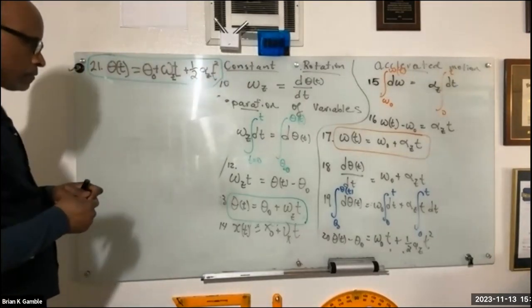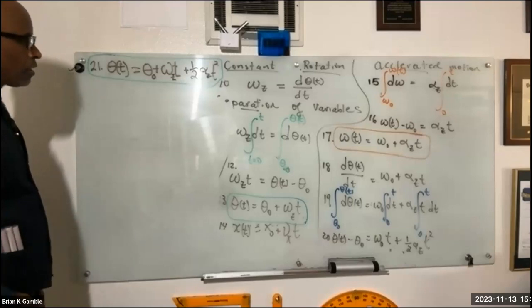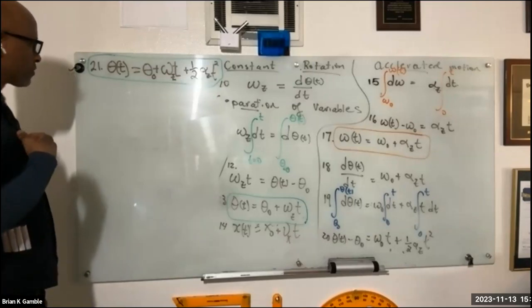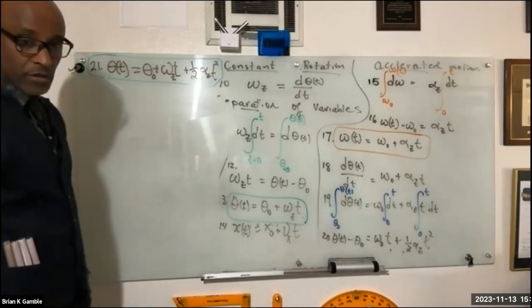So those are the first two equations of motion, equation 17 and equation 21.